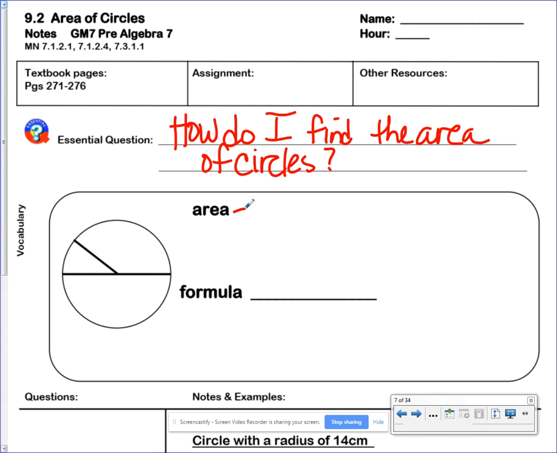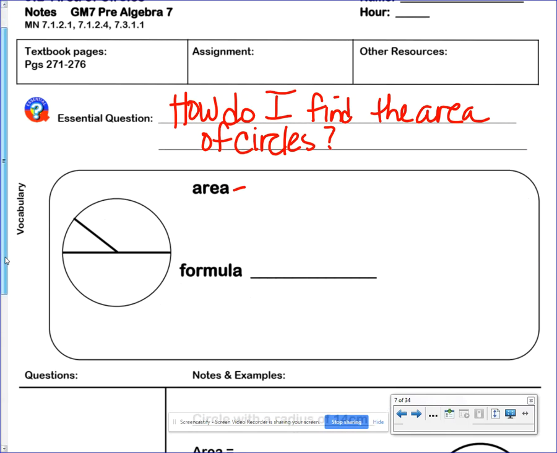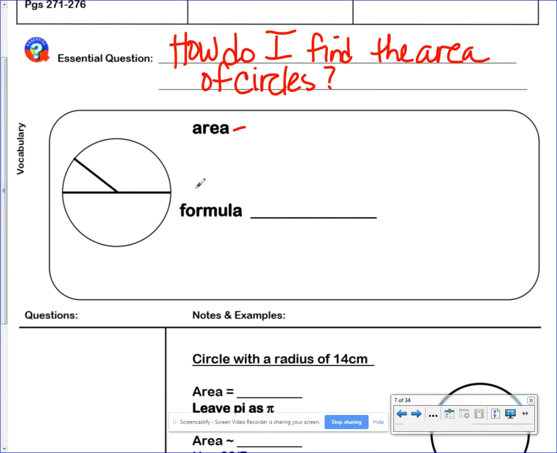So first of all, let's make sure we understand what we mean by area. Last year, I believe in 6th grade, you focused a lot on parallelograms, triangles, maybe even some trapezoids. And so what area means is now we are trying to figure out how many square units it takes to cover some sort of surface. Even though a circle is a two-dimensional object, when we go around the outside and lay it flat, that's just one dimension.